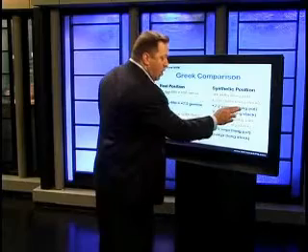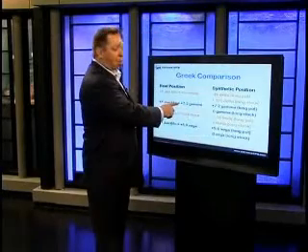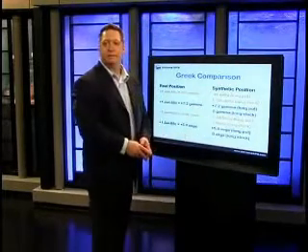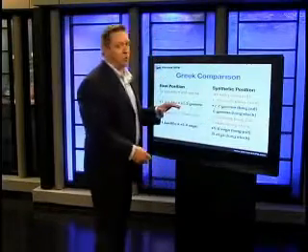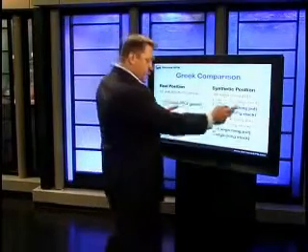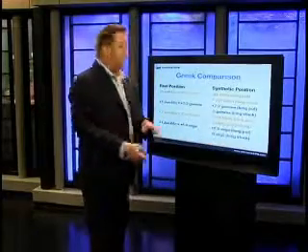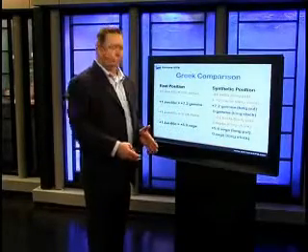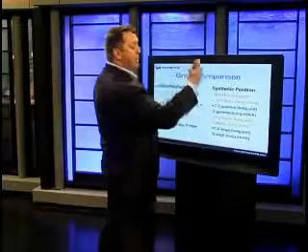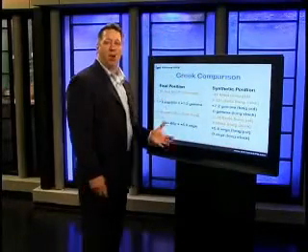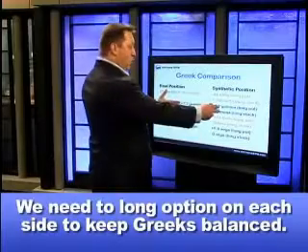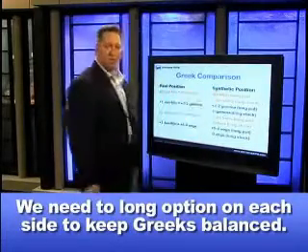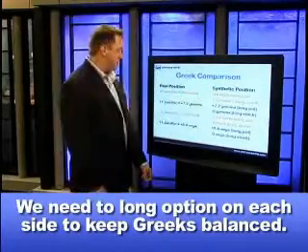You can turn a long put into a long call by buying the stock. You can't turn a short put into a long call. Their strike-based Greeks will be opposite. Why? Because I've got a short position on one side, long position on the other in terms of the options. They've got to equal. That means both sides have to be using long options.